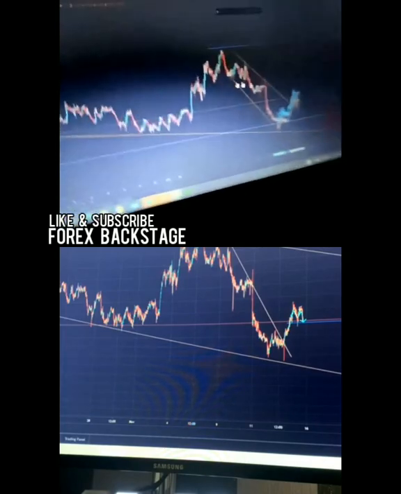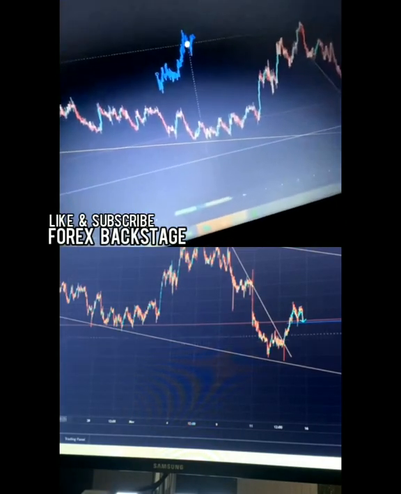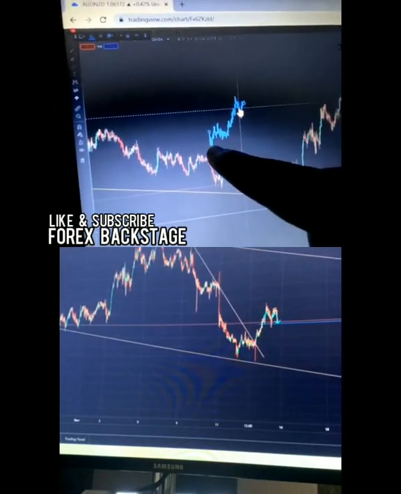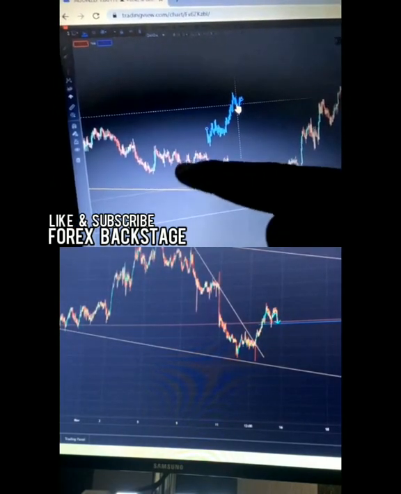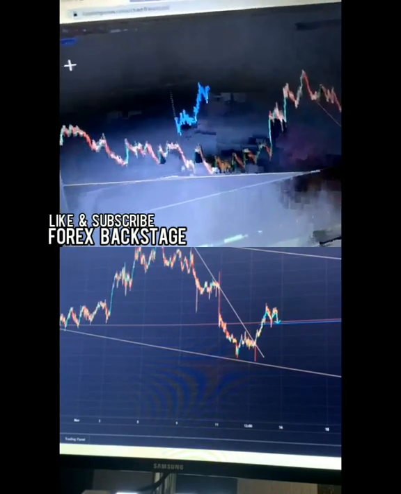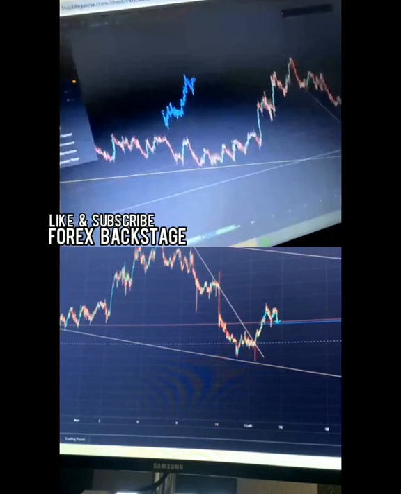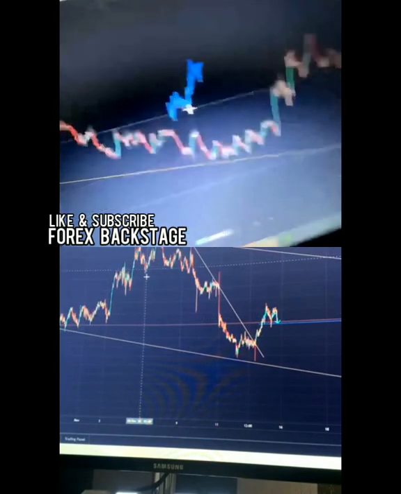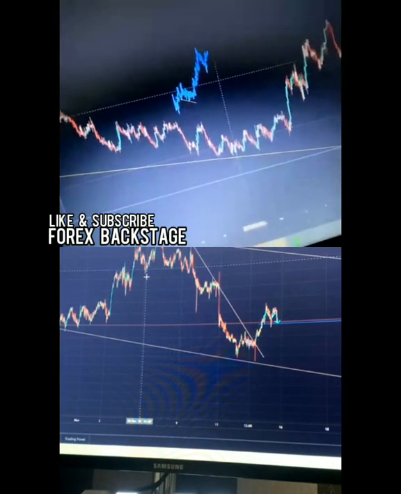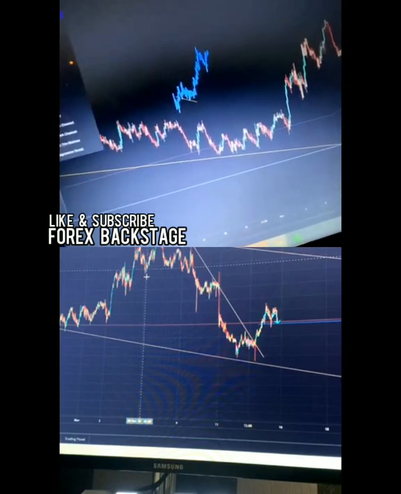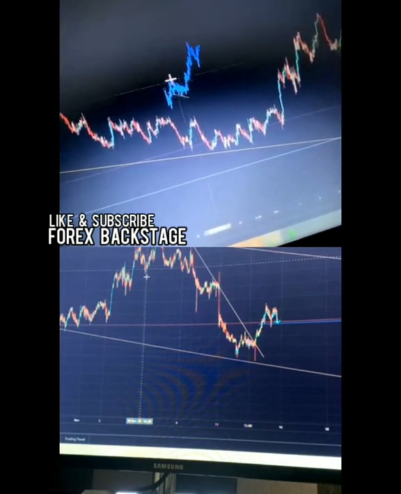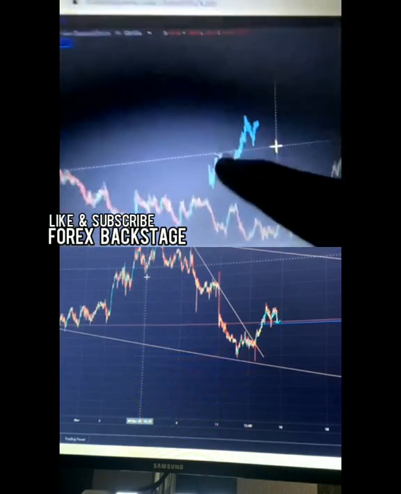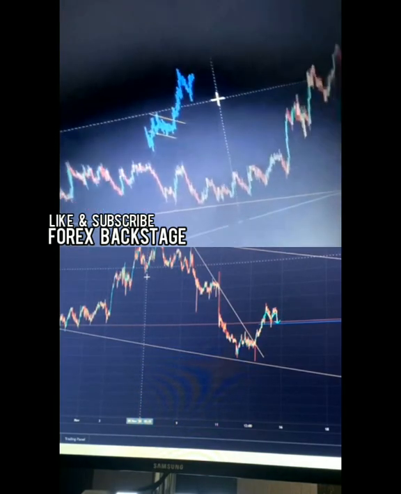Okay, so you will see that. This is the bar pattern of what happened there. If you check, we had this pattern here, and the market broke up on this pattern with an impulse.